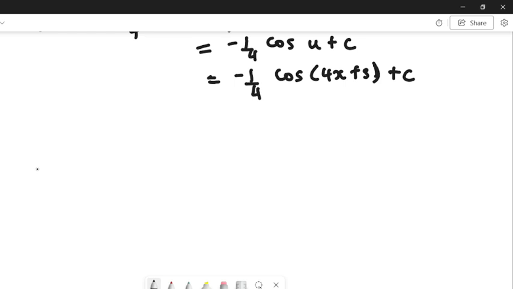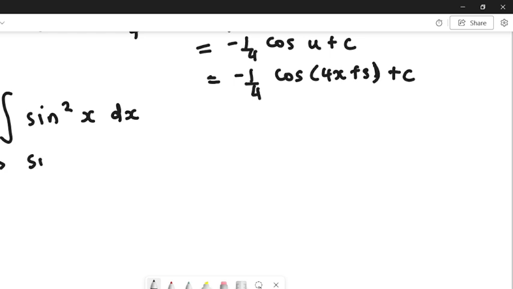Our next example is on the squared. So example 3 is the integral of sine squared x dx. We are going to apply trigonometric rules.